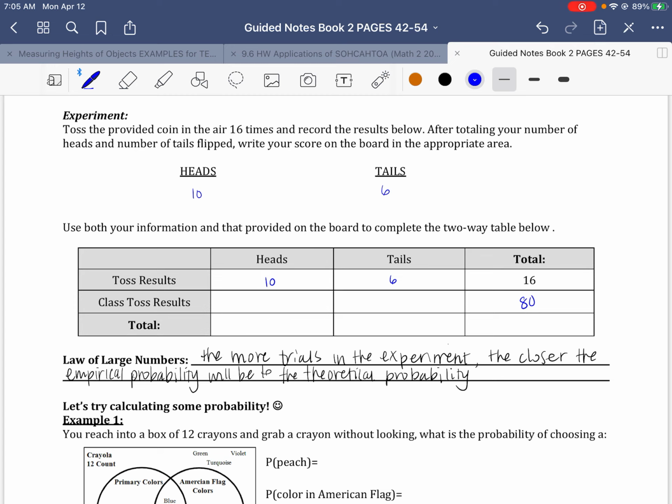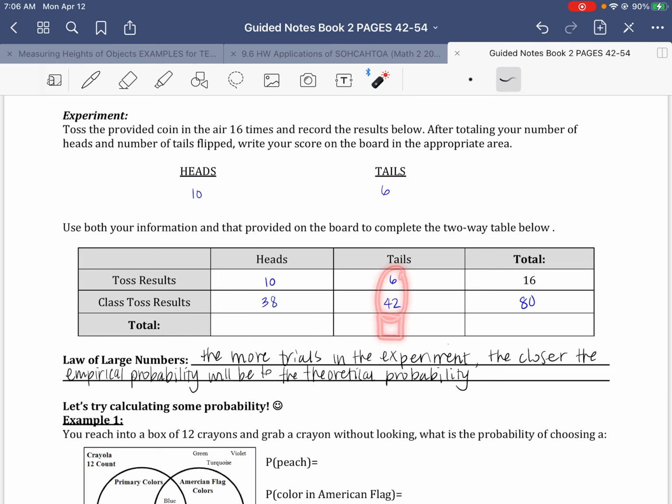And what we'll find is that we would get something like, say, 38 heads. And if I fill this in correctly, that has to add to the 80 total, given my 5 students in the class. And we can look at our results here. Now, just remember in a two-way table, every column, these 2 would add up to the column total.